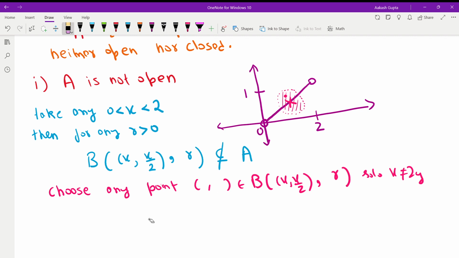So okay, a comma b, let me write a comma b because x I have already used. This implies a comma b does not belong to A. So this is the reason.